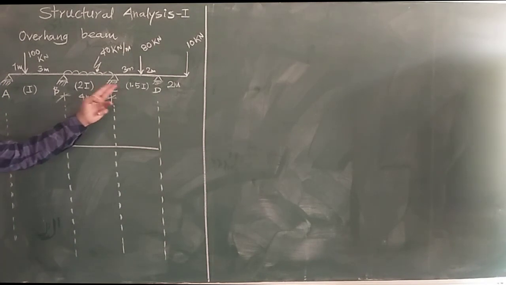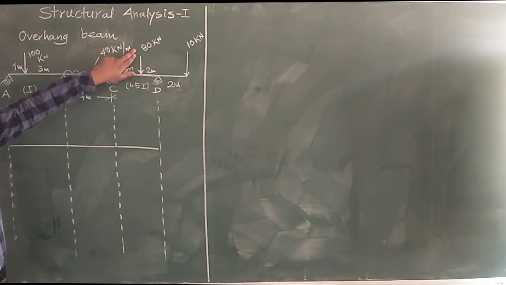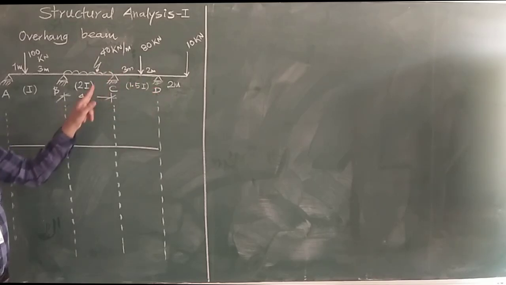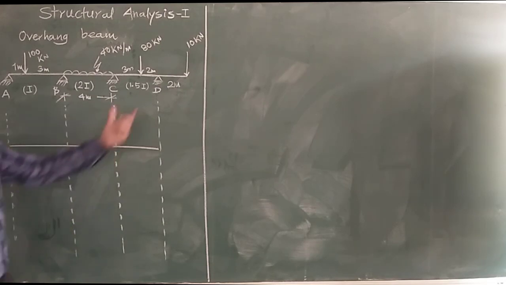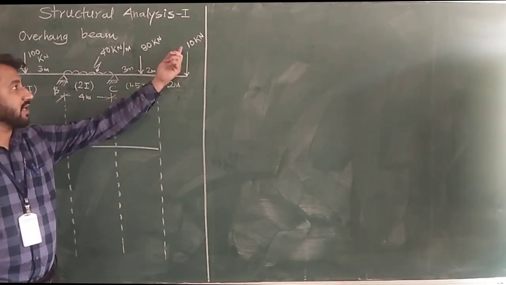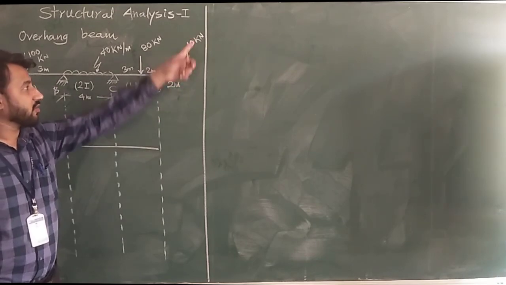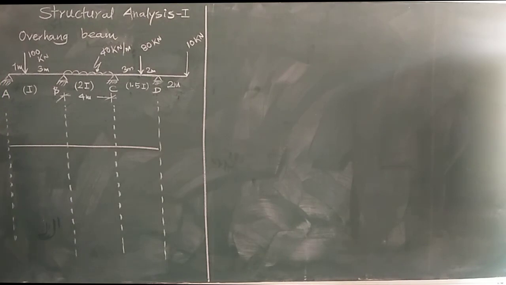Then member CD is subjected to an eccentric point load of 80 kN, 2 meter from D and 3 meter from C, having moment of inertia 1.5I. And one overhang portion is there, having a 10 kN point load at the end of span 2 meter. So we will draw the bending moment diagram first.